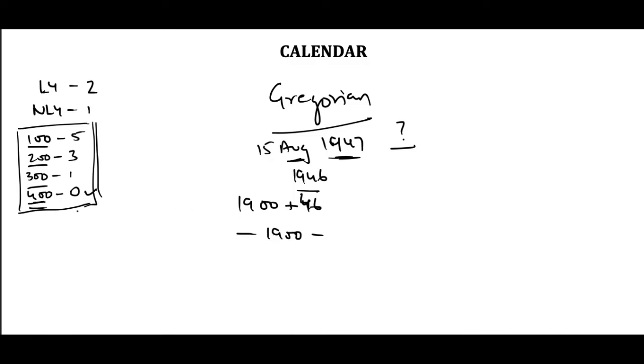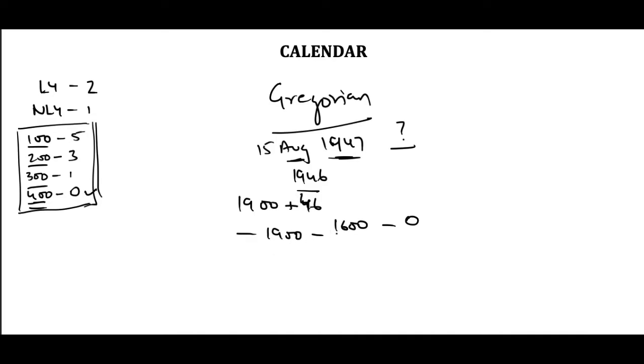Now we'll take a multiple of 400 which is close to 1900. That makes 1600. We cannot take 2000 because we would have to go ahead into the future and come back, which would be very difficult. In 400 it is 0, so every multiple of 400 will be 0. So 1600 will also have 0 odd days remaining.